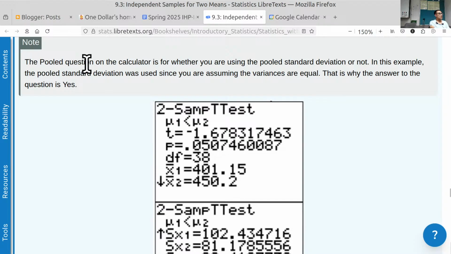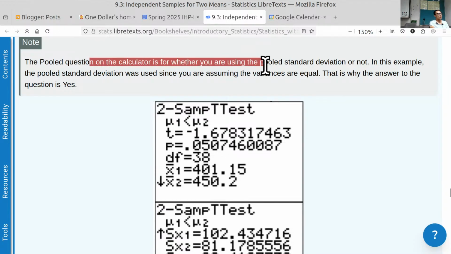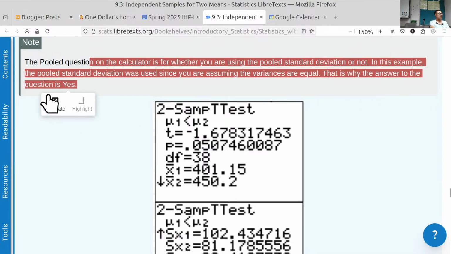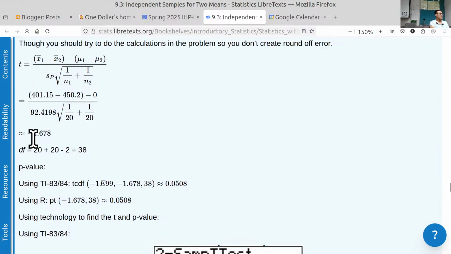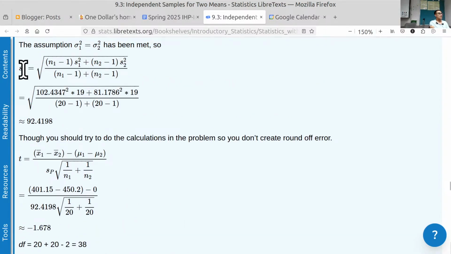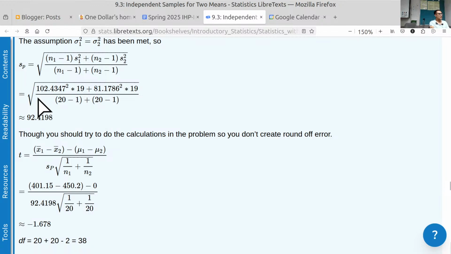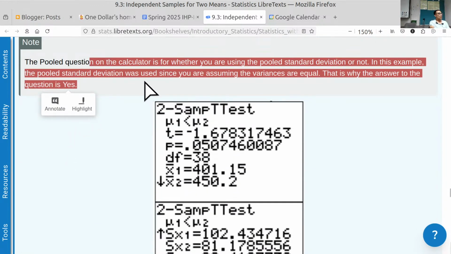The pooled question on the calculator is for whether you are using the pooled standard deviation or not. In this example, the pooled standard deviation, S with a footnote p, was used since you are assuming the variances are equal.